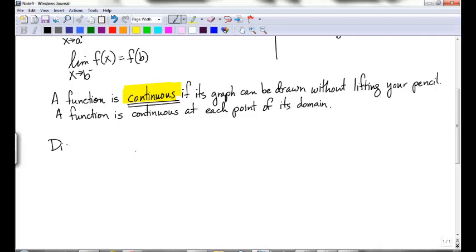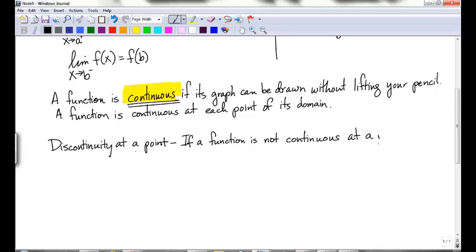Then the author talks about discontinuity. Discontinuity at a point means if a function is not continuous at a point C, then we say f is discontinuous, and this would be anytime you have to lift your pencil.